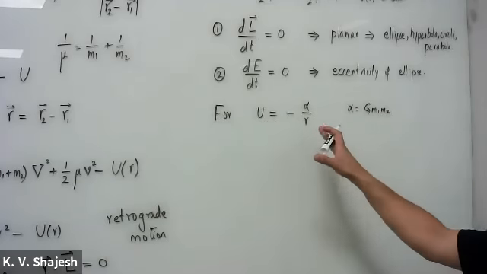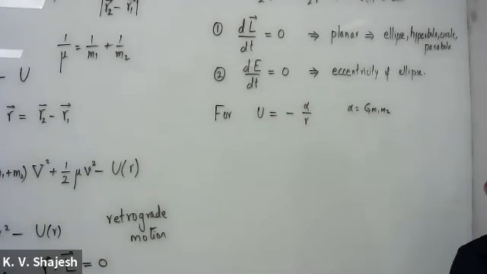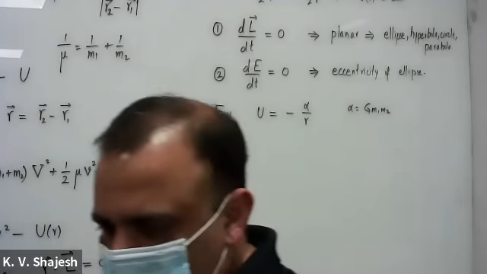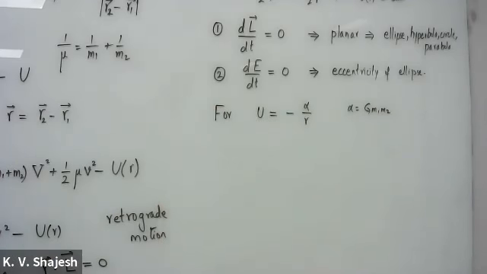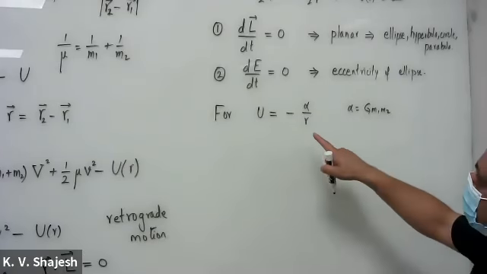That's your gravitational potential energy, or for that matter, this could also be hydrogen atom, right? If you're doing classical hydrogen atom, classical means if you're not doing quantum, right? That's the same interaction, right? Electrostatics and gravitational potential energy, there is no difference. It's just the constant changes.